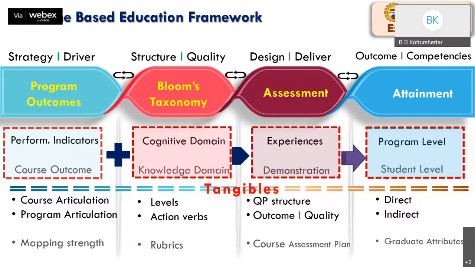Some of you may be knowing this attainment can be through direct measurement, that is through these examinations, and indirect measurement is through graduate exit survey, alumni survey, employer survey, and so on and so forth. So when we do all that, then we will come to know the attainment of graduate attributes by our students.